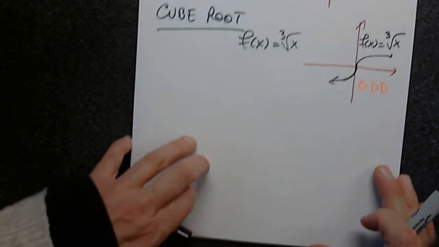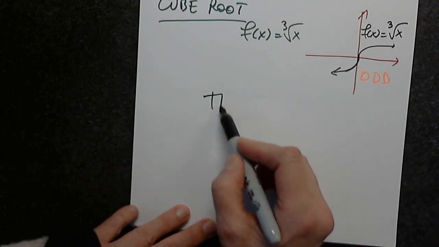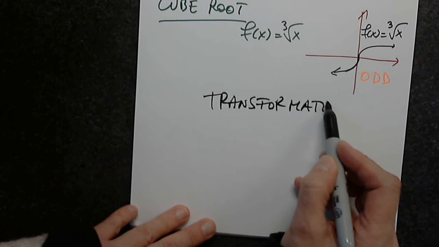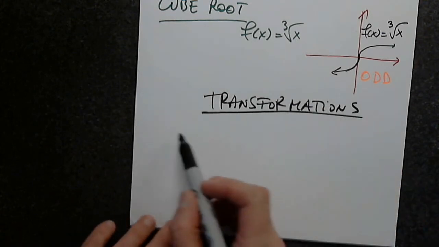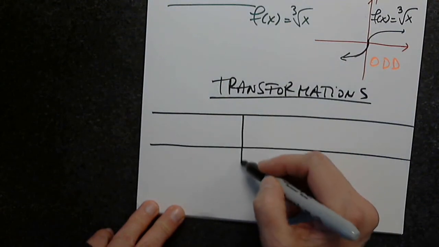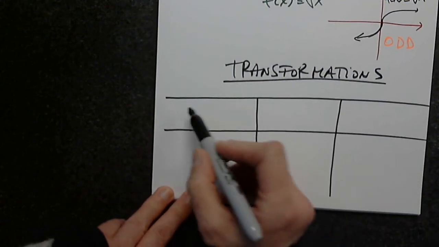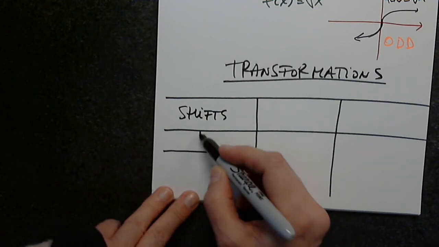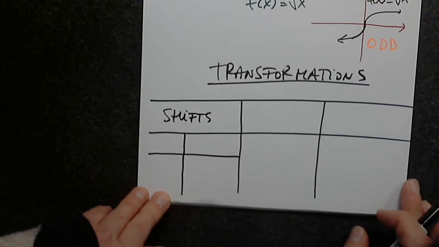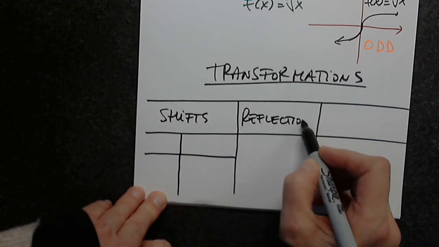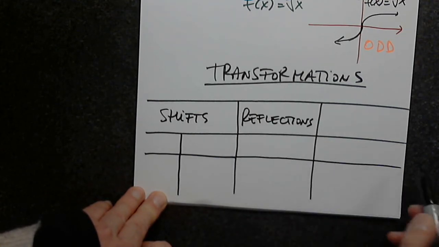Okay, so there are 3 types of transformations. Shifts, and they are of 2 types. Reflections, and they're also of 2 types.